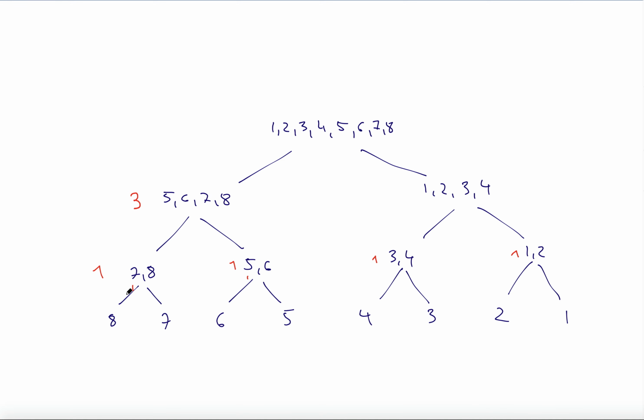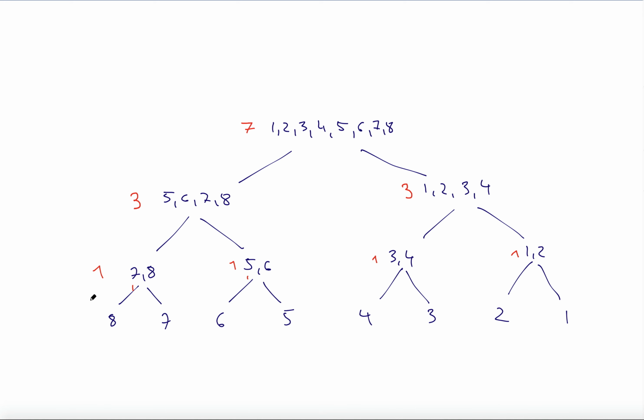So this was 3 comparisons, and then we do one more comparison, and then we are basically at the end. And this is, of course, the same here. And then if we merge these 2 lists into the big list here, how many comparisons do we need? One less than the length of this list, so 7.